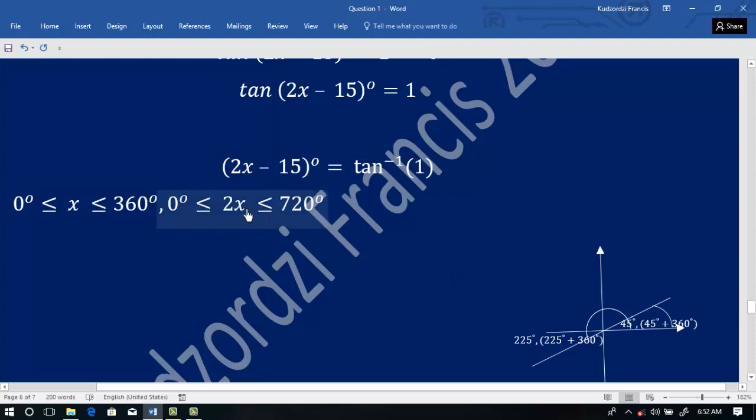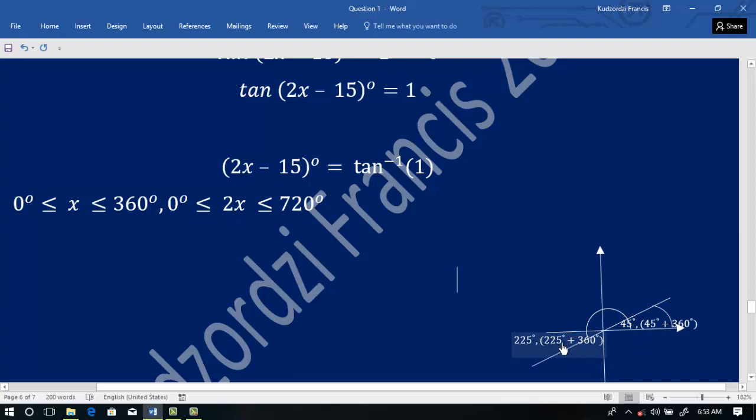Now for 2x, it means we have to go another rotation again. So for the 45, we go and come back to the 45. So it will be like this. We have made this again, so that is 2 revolutions. And that will give us 360 degrees plus 45 degrees, because we went 1 more revolution. Then we go again and come and meet this.